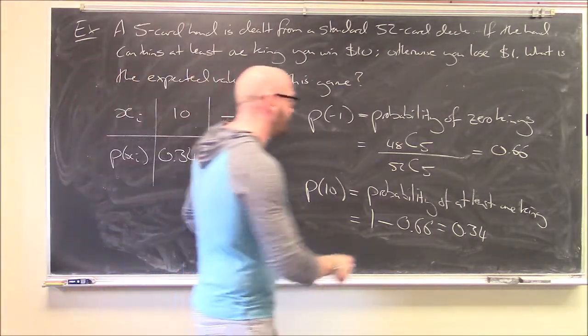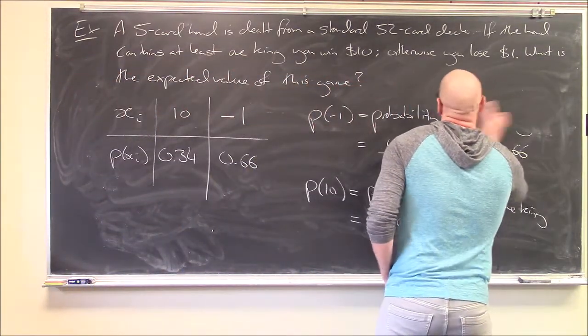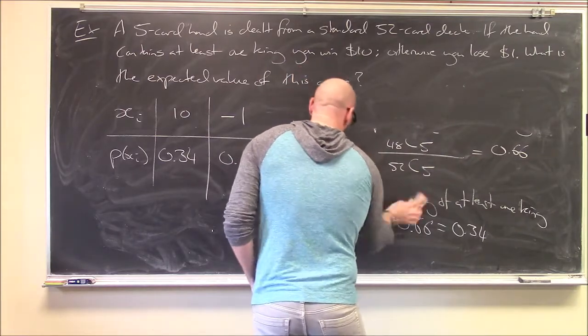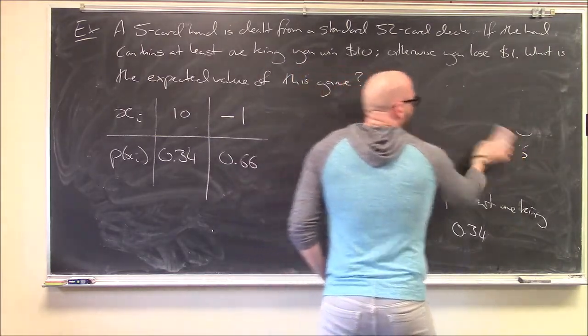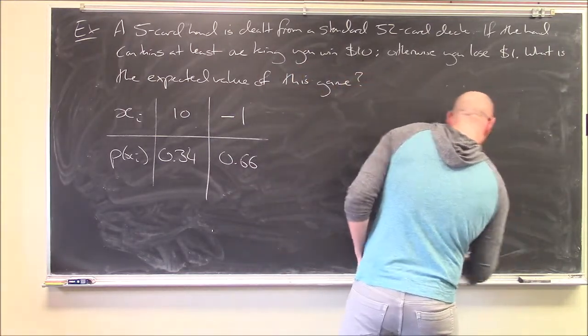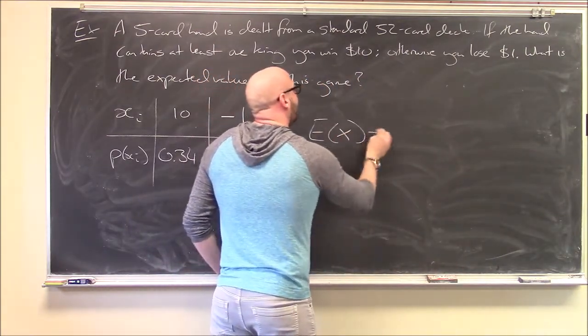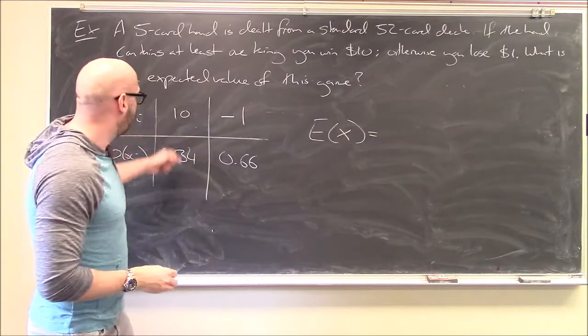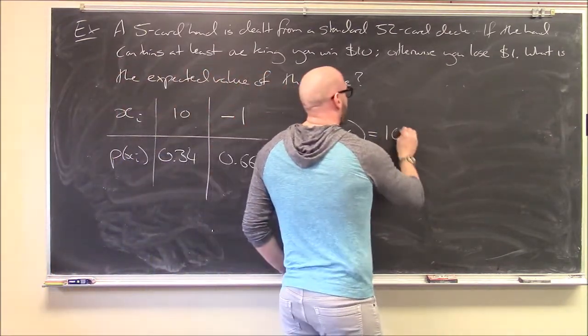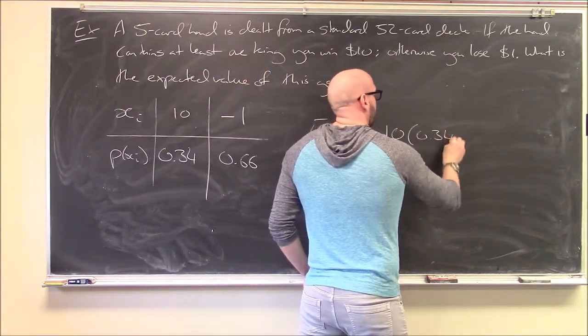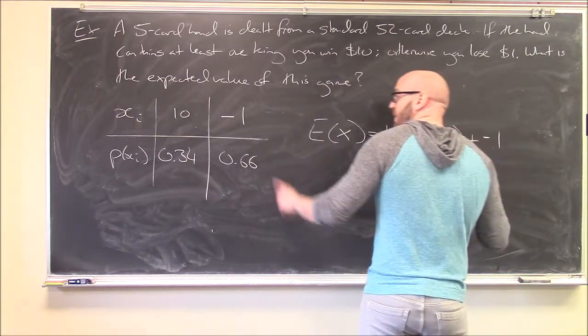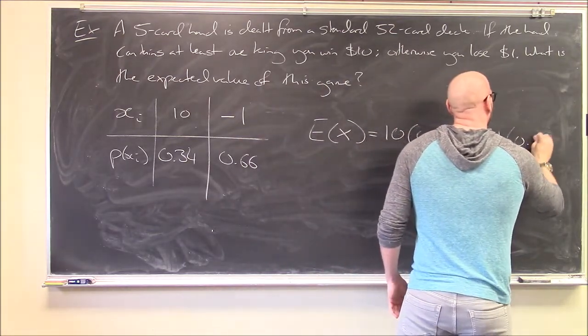And the last thing we want to do is now compute the expected value of the game. The expected value of the game is 10 times 0.34 plus minus 1 times 0.66.